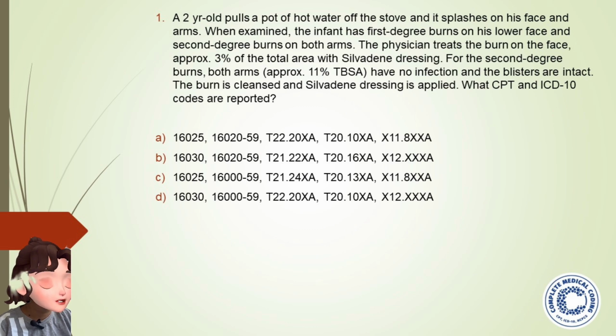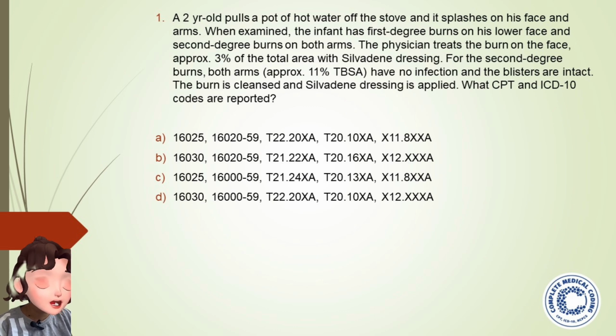So 16030, dressing and/or debridement of partial thickness burns, large, greater than 10%, should be there first. And what is 16000? Initial treatment, first degree burn, when no more than local treatment is applied. Just first degree burn treatment, so we will use the code 16000 along with modifier 59.